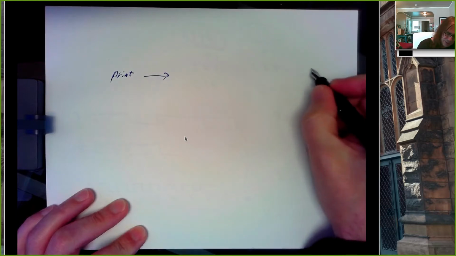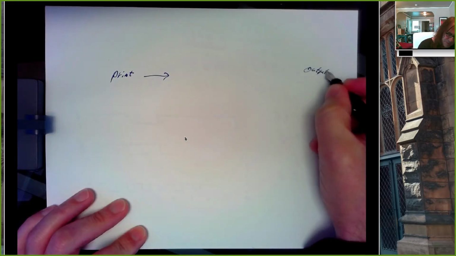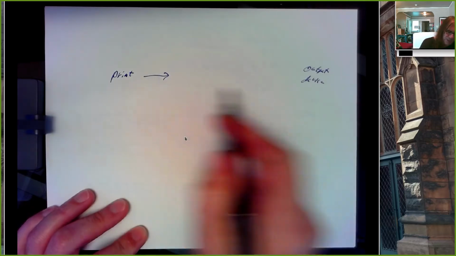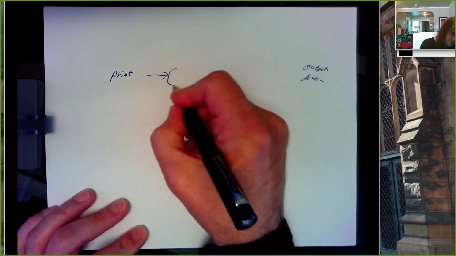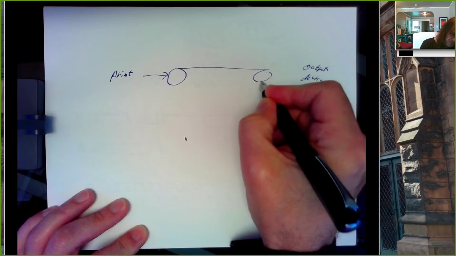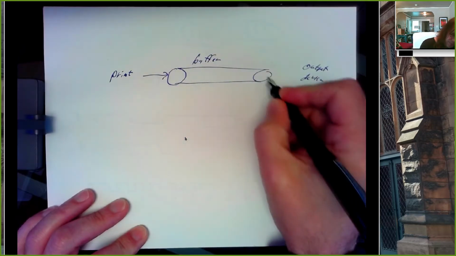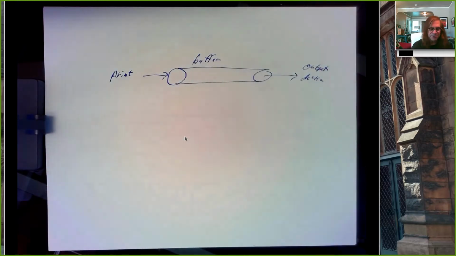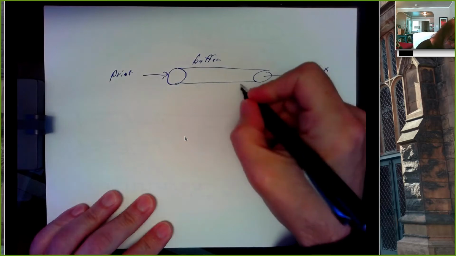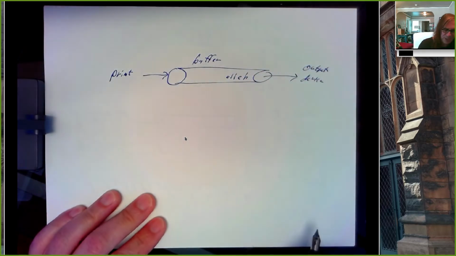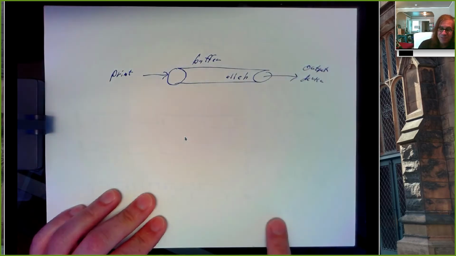Here's your output device. And when you print, it doesn't go directly to the output device. It goes into a buffer. And the output of that buffer feeds your output device. So you print hello, and hello goes into this pipeline, but it doesn't go to your output device yet.